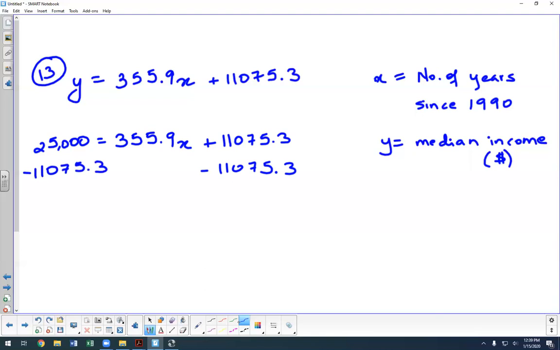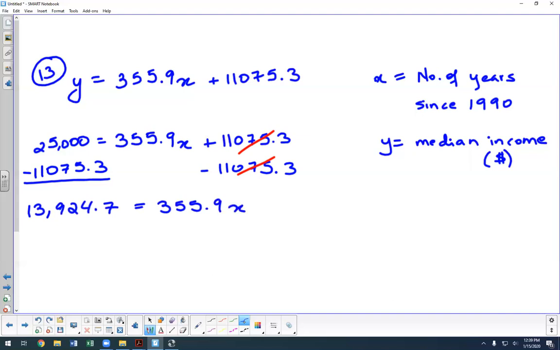All right, so we're again trying to isolate our x just like we were solving equations. So start by subtracting that 11,075.3 value, which ends up giving you 13,924.7 equals 355.9x, right?